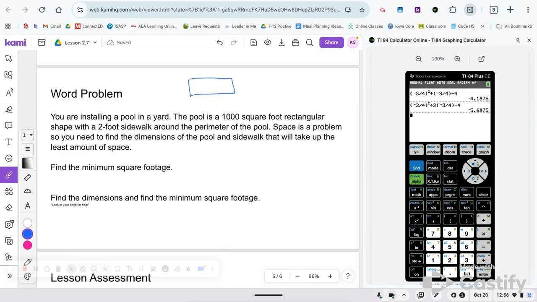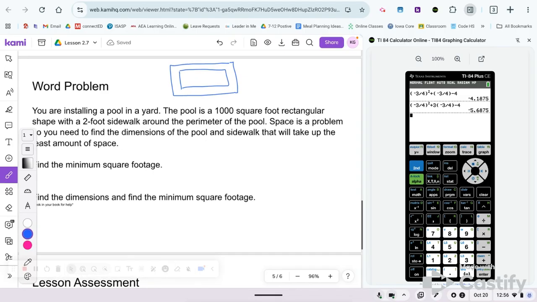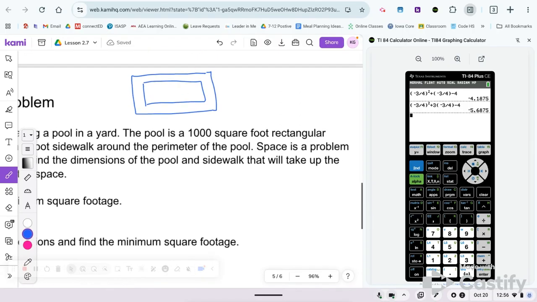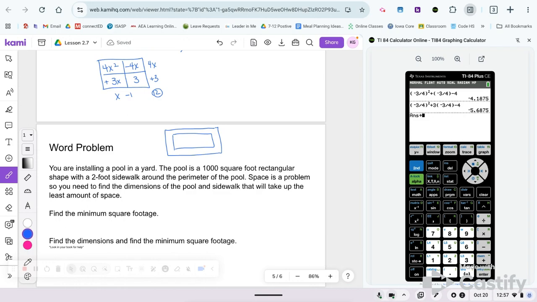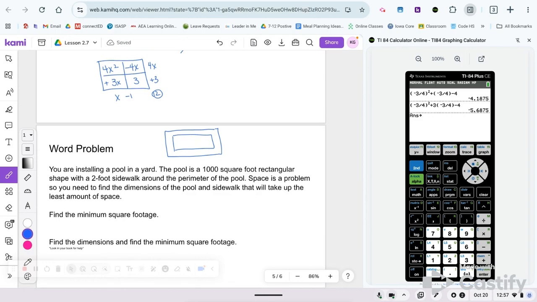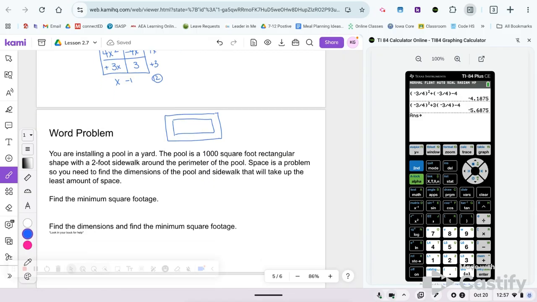So I know that I have a rectangular pool with a 2-foot sidewalk around the pool. All right, I'm guessing this 1,000 square foot is probably my area.